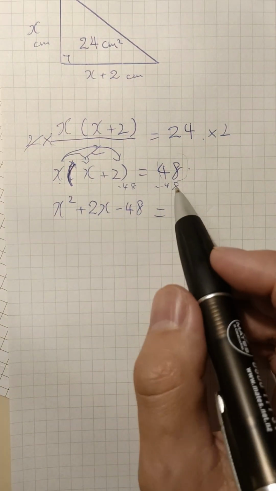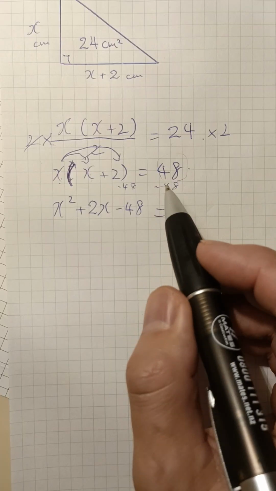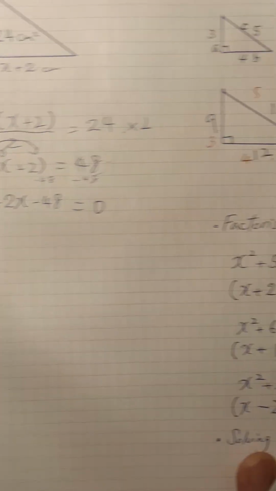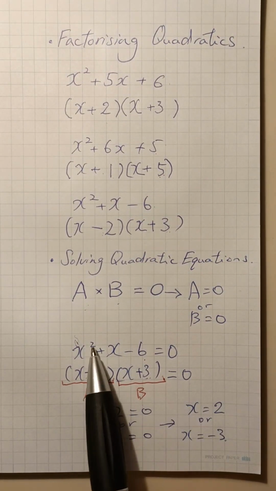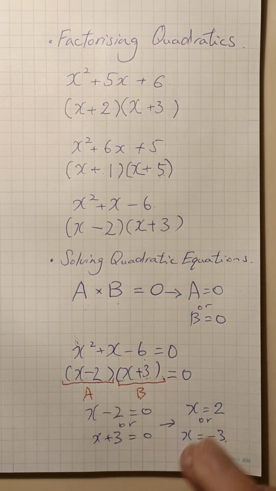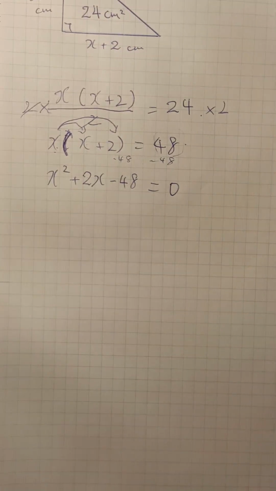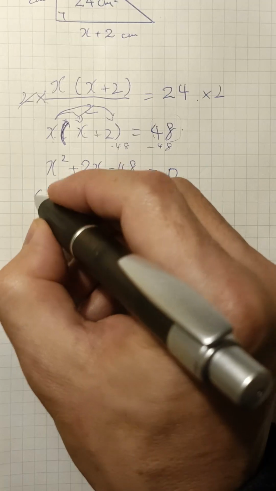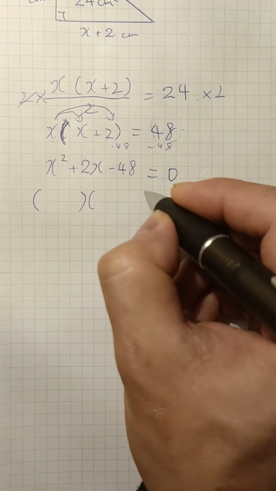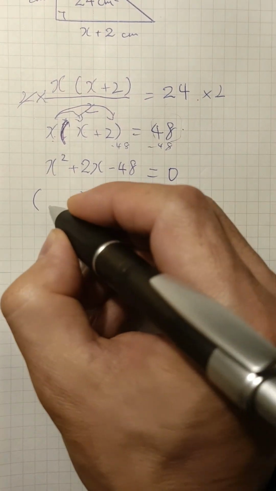Do you know why I took the 48 from this side? Because if I can make the equation equal 0, I can use the quadratic equation. So if you create a quadratic equation, you can find the value of x, isn't it?